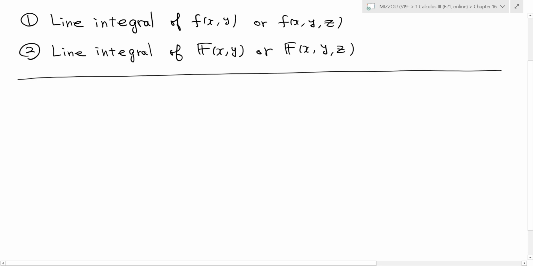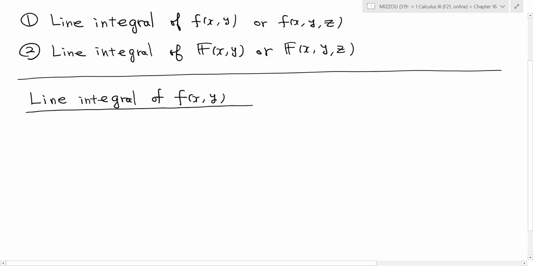So, line integral of a scalar valued function. Scalar valued function f of x, y. So remember, this is called scalar valued function, like z is equal to f of x, y.